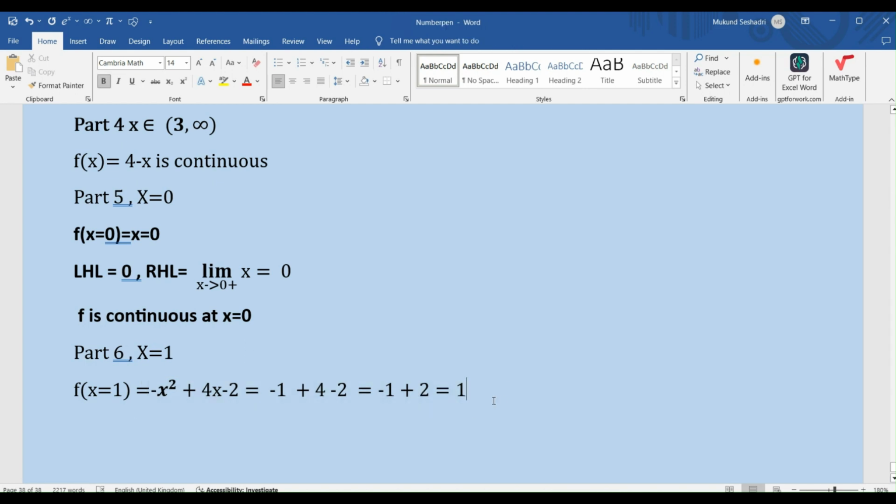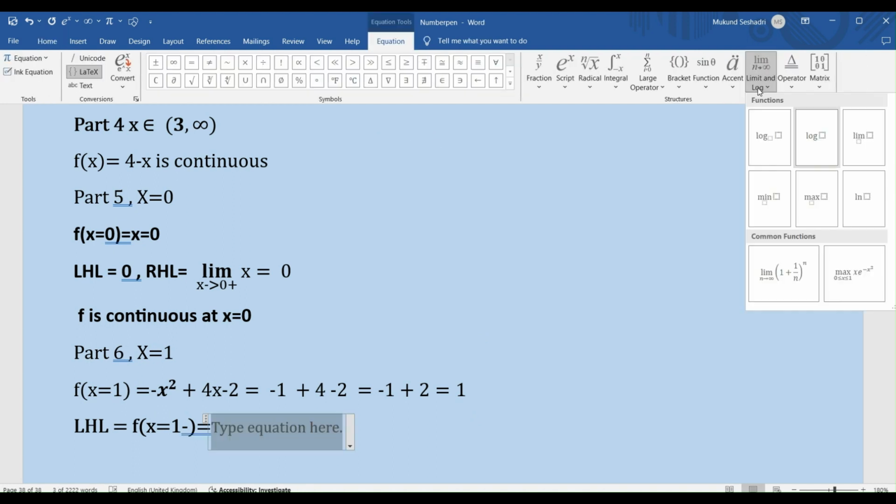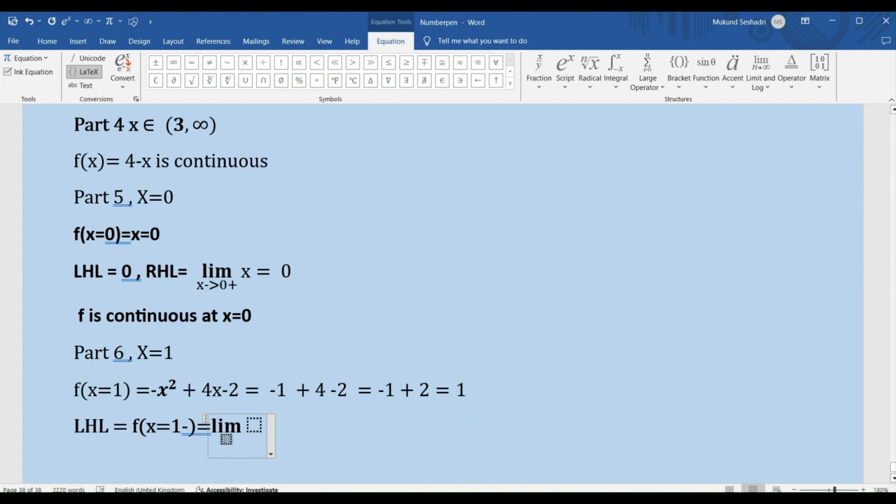Now I have my LHL and RHL to be established. And what is my LHL? I approach 1 from the left, x tending to 1 minus.